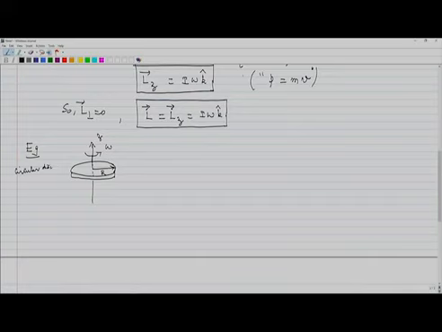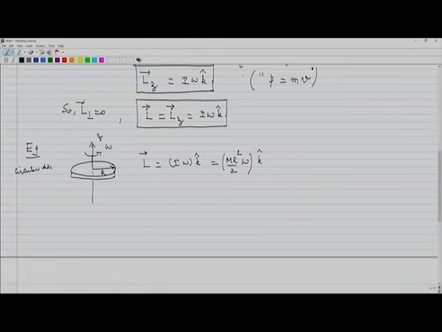Now I want to write down the angular momentum vector. This is a symmetric body, and the axis is also a symmetry axis. Therefore L is nothing but I omega times k. Now what is the moment of inertia of a circular disc? Yesterday we had seen mr squared by 2, and angular velocity is omega, times the unit vector along the z direction.